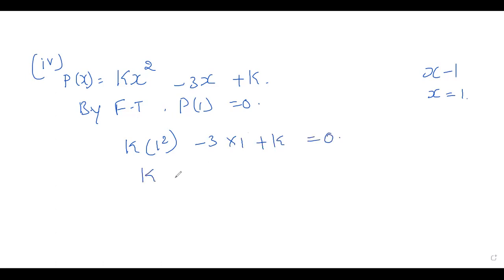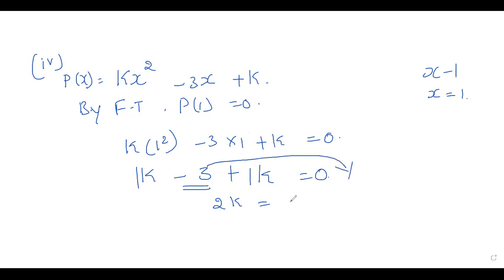Okay, k into 1 square is k, 3 into 1 is 3, so we have k plus k here, right? That is 2k. If there is no number, you can write 1. 1k plus 1k is 2k, that is equal to, I am going to shift this minus 3 to the right side, so it will become plus 3.